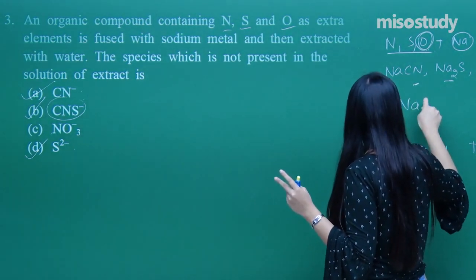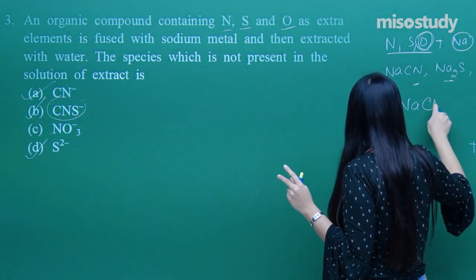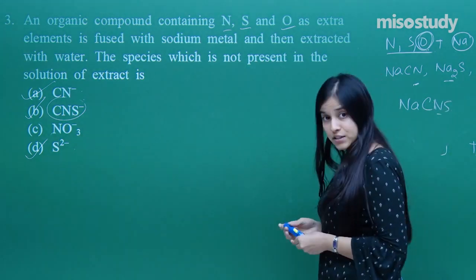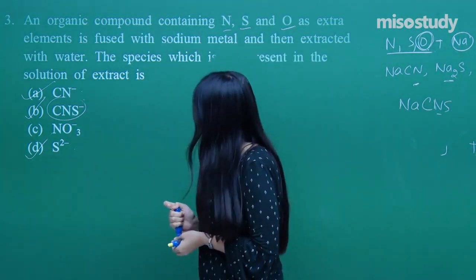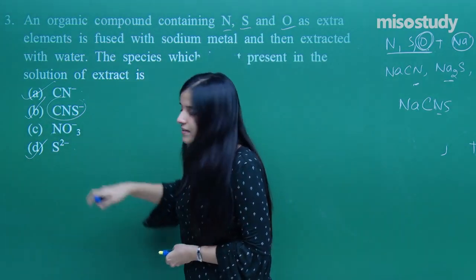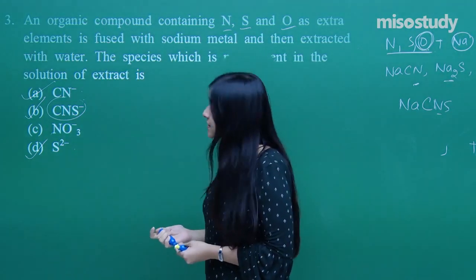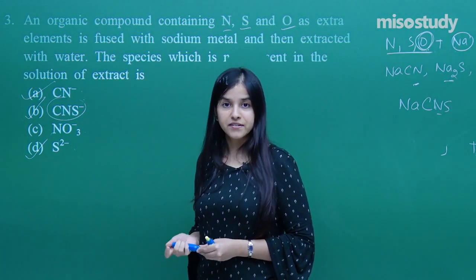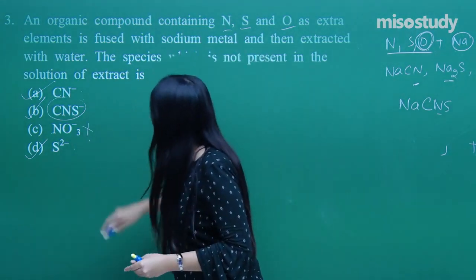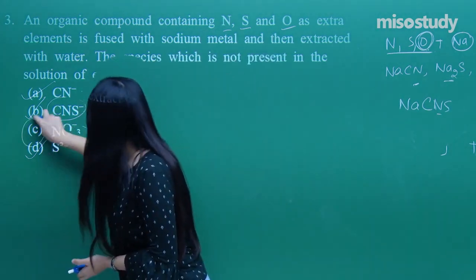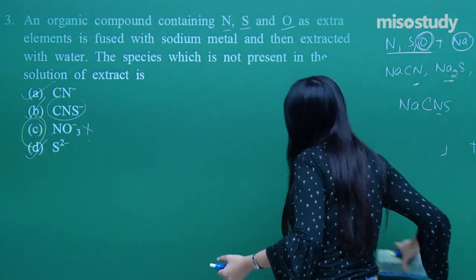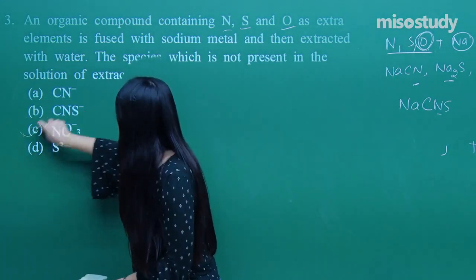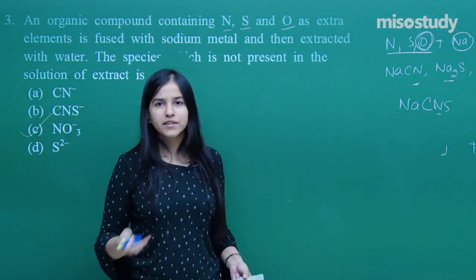So, in that case we get NaCNS. Otherwise, we can just get the sulfide. And there is no chance of formation of nitrate here. So, that is the option. I hope everybody has got it. Answer number C is the correct one. Clear? We have ruled out all the other possibilities.